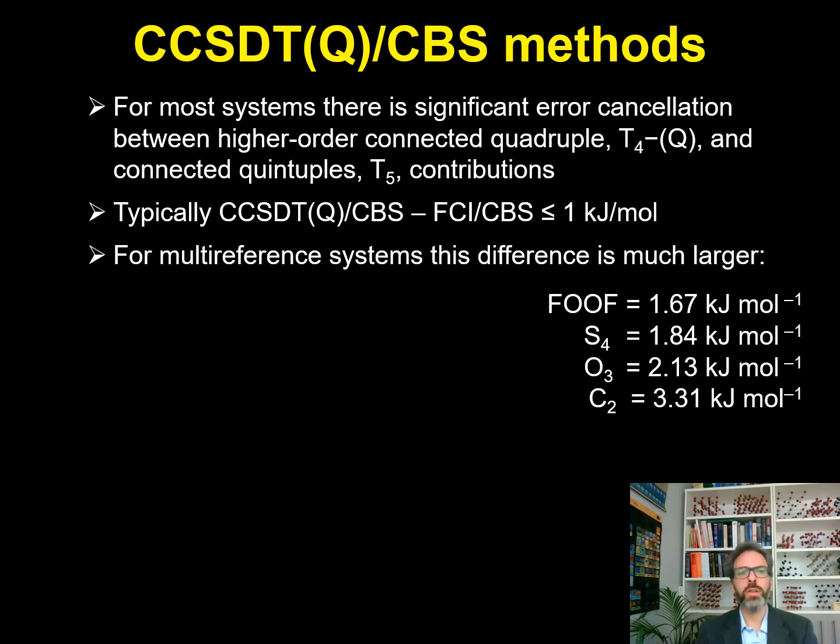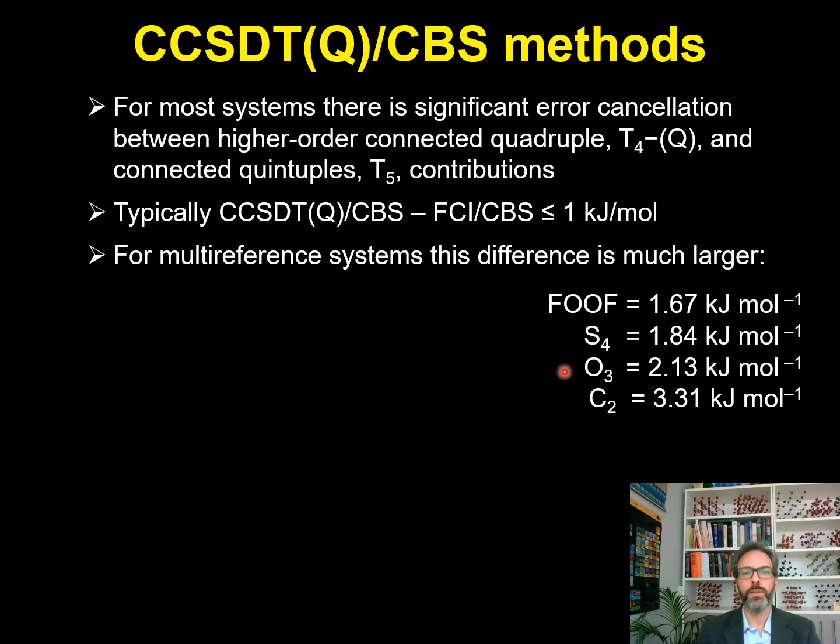These methods are called CCSDT(Q) composite ab initio methods, and in these methods we neglect all of the terms above the quadruple excitations, and the connected quadruple excitations are treated in a quasi-perturbative manner. These approximations will result in a significant reduction in the computational cost, but it has to come with a warning. So here we see the errors that will result from neglecting these high-level terms for a number of highly multi-reference systems.